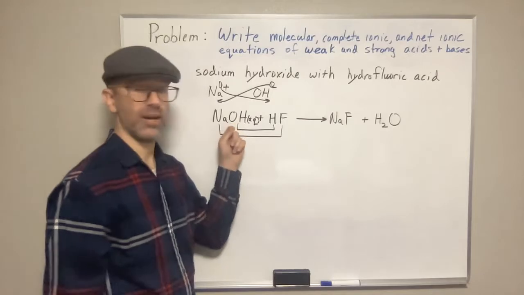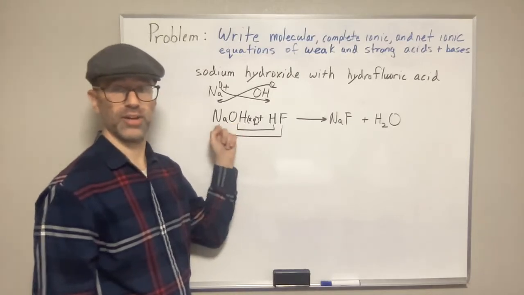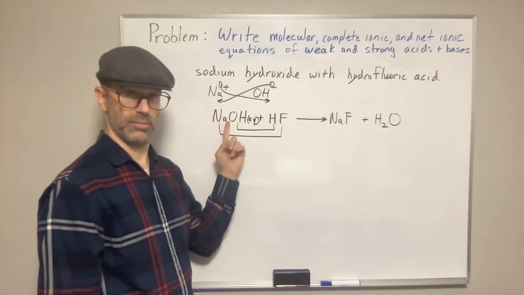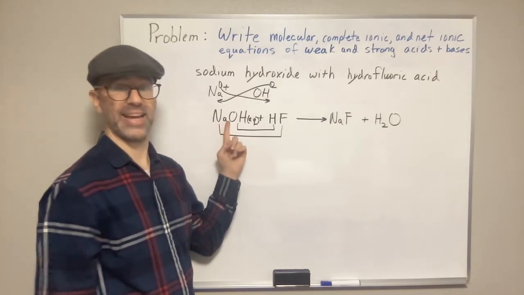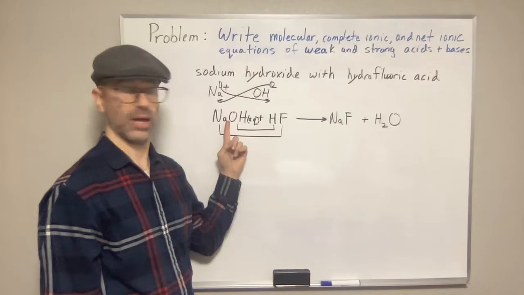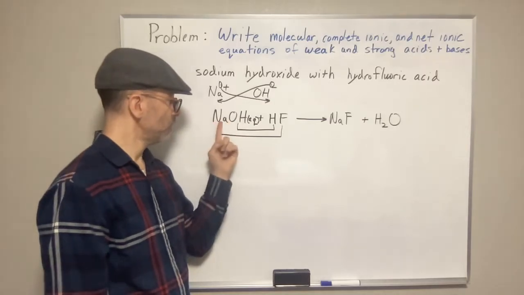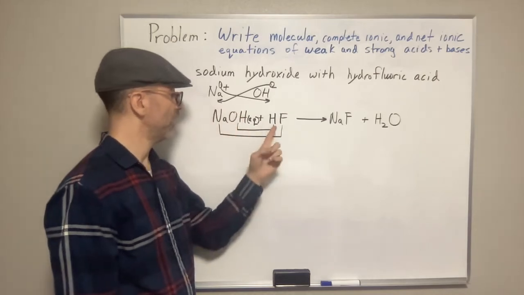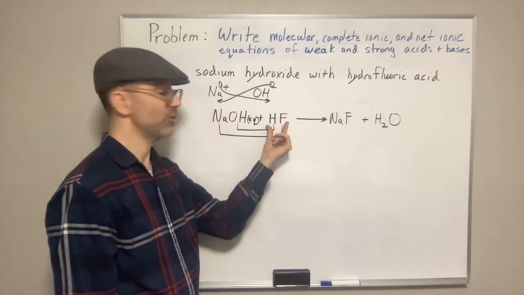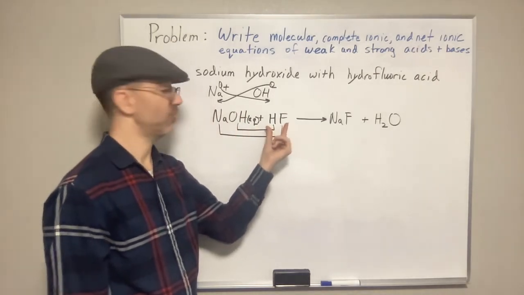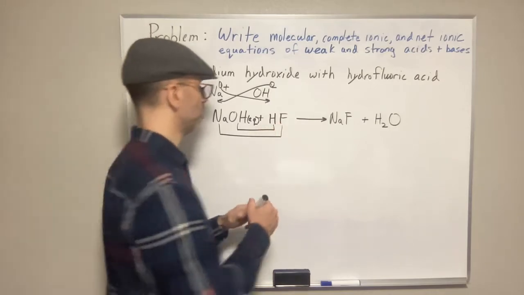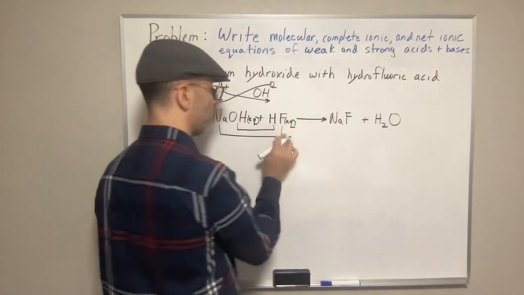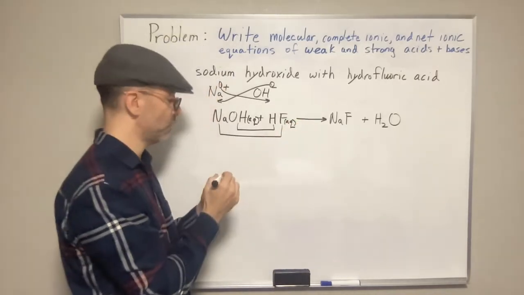If you look up hydroxides, you'll find that all hydroxides are going to be insoluble unless you have a group 1 metal and heavier group 2 metals. So this one is going to be soluble, so that's aqueous. And then you have hydrofluoric acid, and your hydrofluoric acid is going to be aqueous as well. I'll come back to hydrofluoric acid in just a moment.